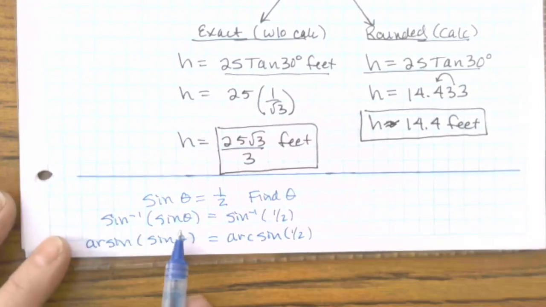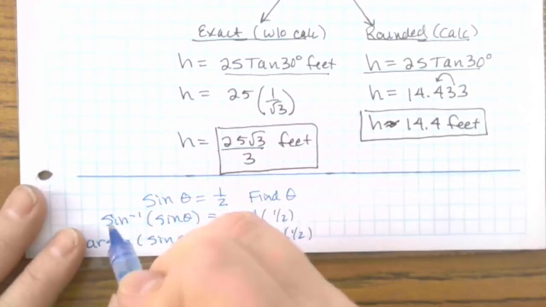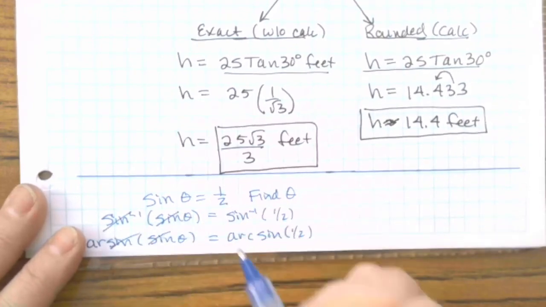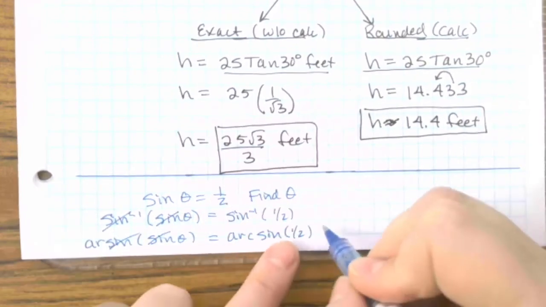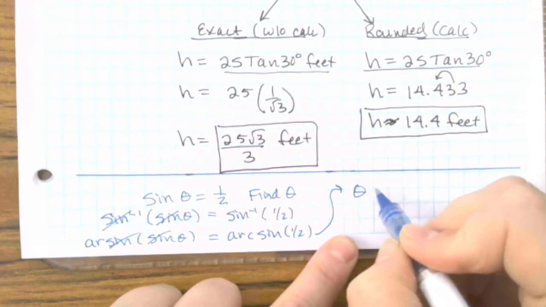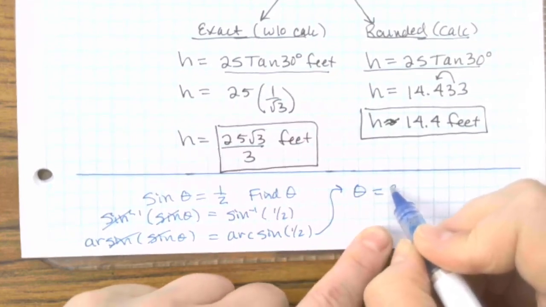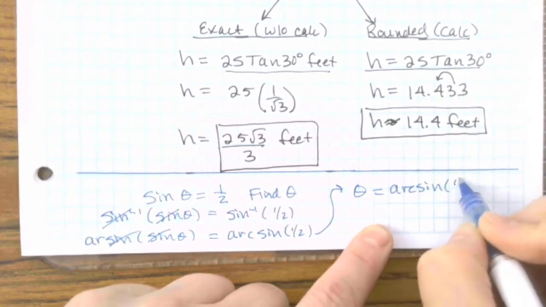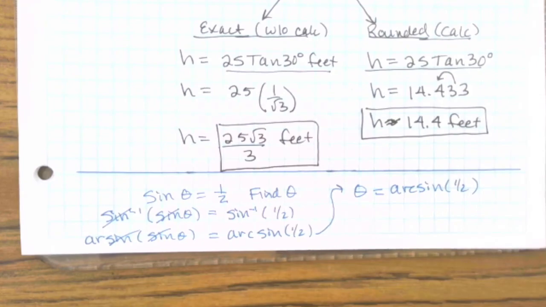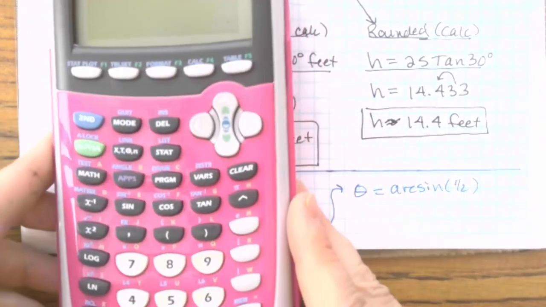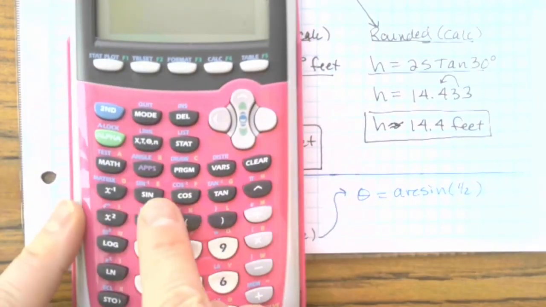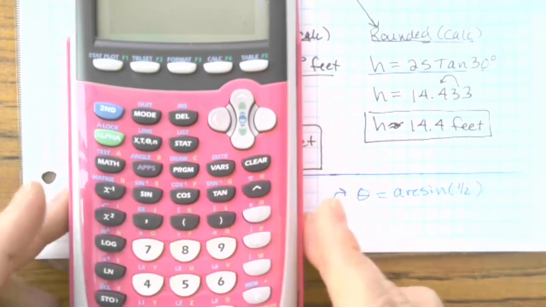When you arcsine a sine, it cancels out, and all you have left is theta. So theta equals arcsine of 1/2. Your arc button on your calculator is the blue one here. Those aren't reciprocals, they're arc.